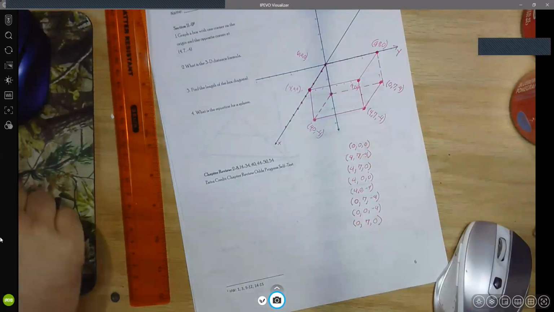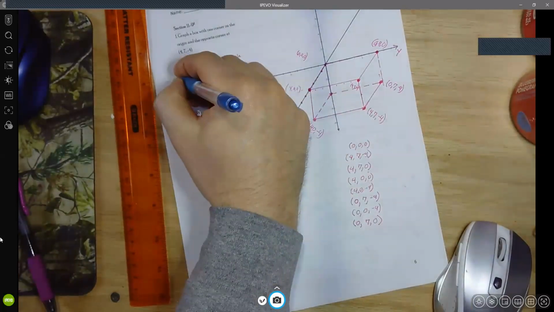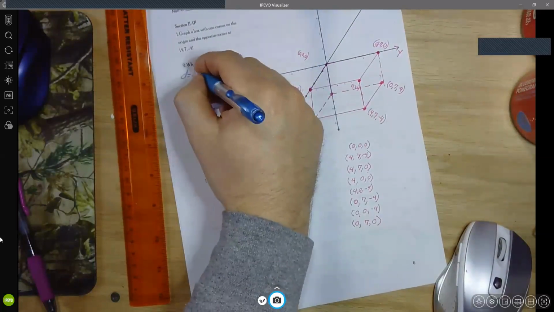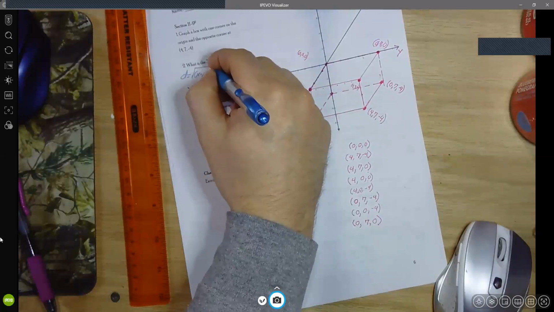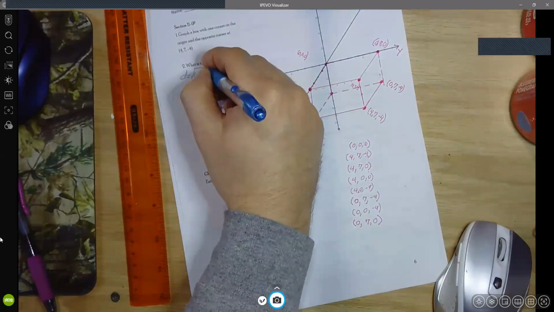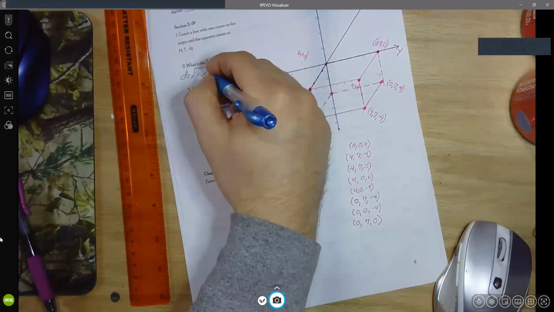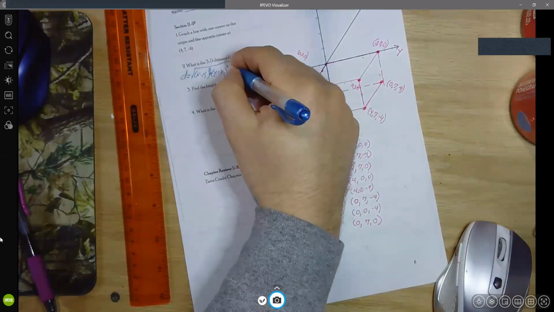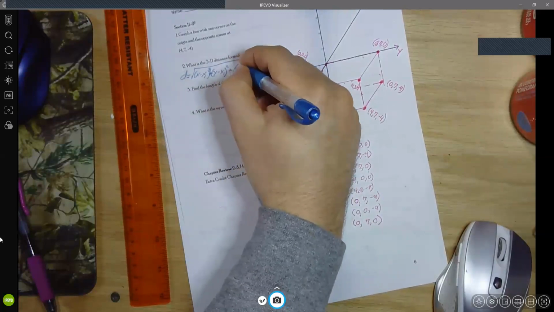What is the 3D distance formula? So this is just like the 2D distance formula, except we have a z coordinate now. So x minus x1, plus, sorry, y minus y1, these are squared. Sorry, there's a plus sign here. Plus z minus z1.